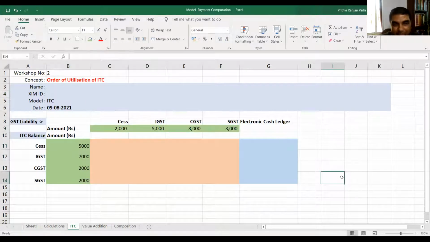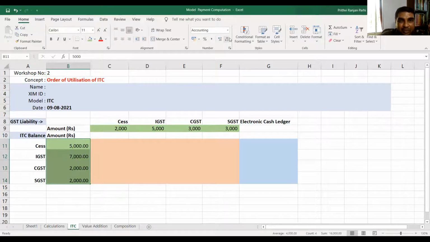Okay, now tell me how to use it. This liability has to be paid: 2,000, 5,000, 3,000, 3,000. How to pay it? Can anyone give me some suggestion? Or if you are still making the file ready, please make it ready.